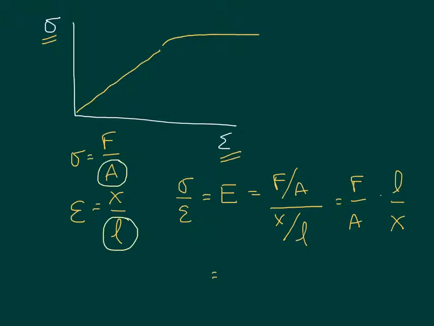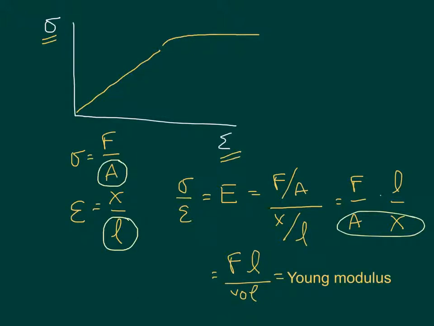And you end up getting F times L over this Ax, which is cross-sectional area times a length, which is just the volume of extension. It's going to be a volume. This is called the Young modulus. Keep in mind that it's Young, not Young's, so it's just the Young modulus.